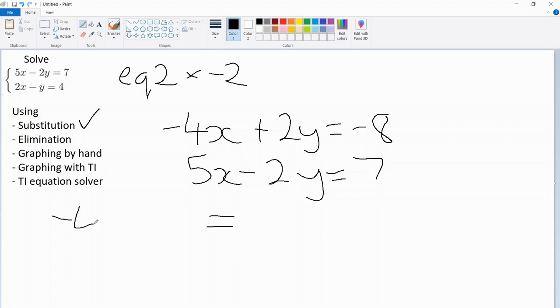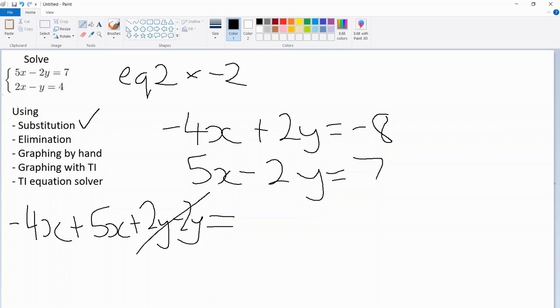Minus 4x plus 5x, plus 2y minus 2y. These cancel.